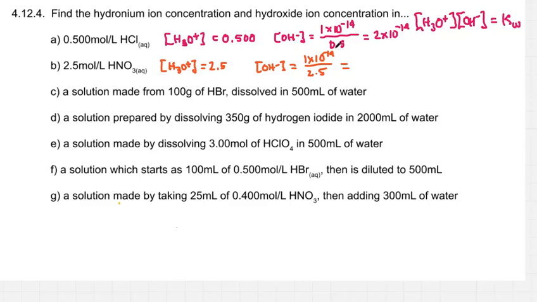Shift that up to 4, drop this down to minus 15, and we get 4 times 10 to the minus 15. And again, that's moles per liter. You know it's moles per liter. I'm not going to write that in every time. This is going to get crowded enough as it is.